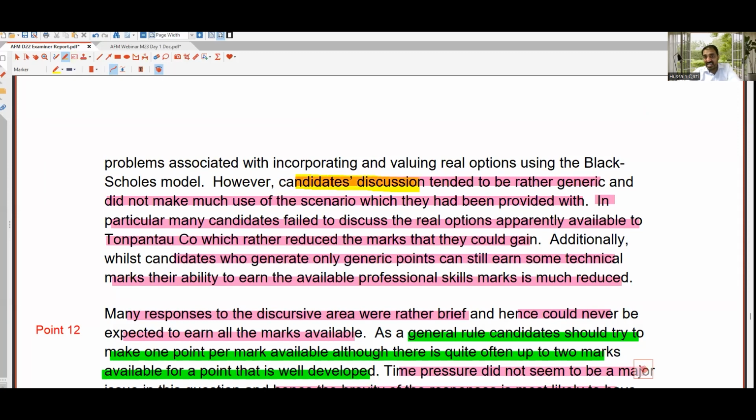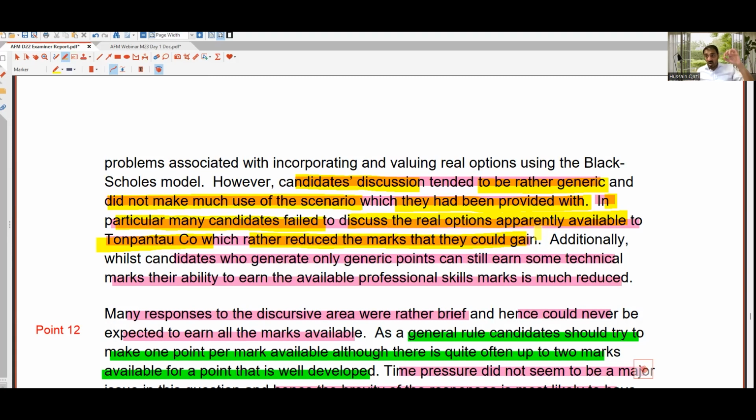However, candidate discussion tended to be generic and did not make much use of the scenario they had been provided with. In particular, many candidates failed to discuss the real option apparently available to Tonpantau's company, which rather reduced the marks that could be gained.